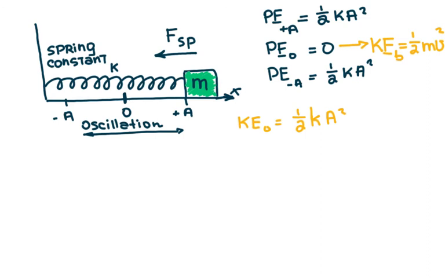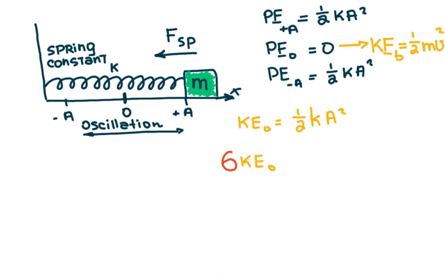And the question in this problem is, what do I need to do in order to increase the kinetic energy of the block at 0? Let's do a different number, 6. I want to make my kinetic energy 6 times as big at point 0 as it used to be.